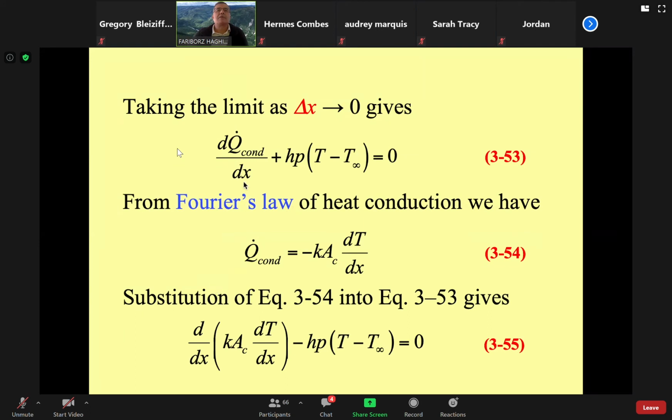I will end up with dq conduction to that control volume equal to hP. h is my convective heat transfer coefficient. P, again as I mentioned, is the perimeter of the system, and T here is the temperature of that fin at any point losing heat. Do you have any questions so far, please?